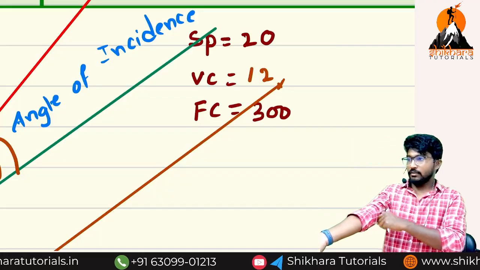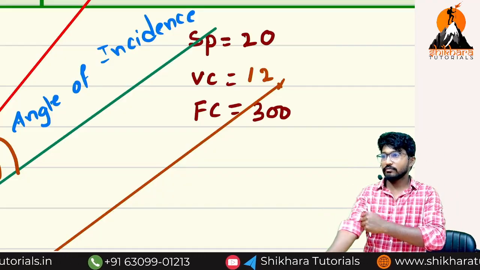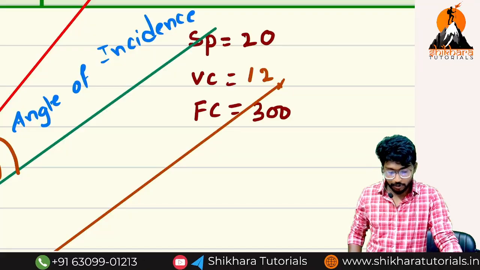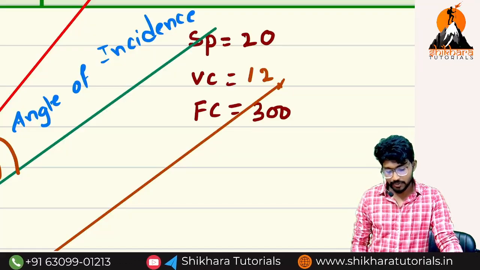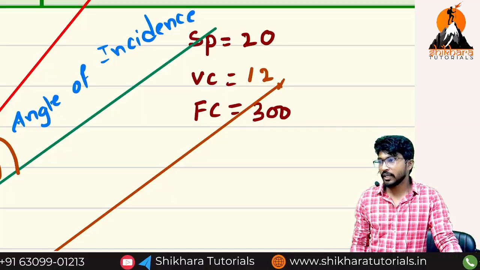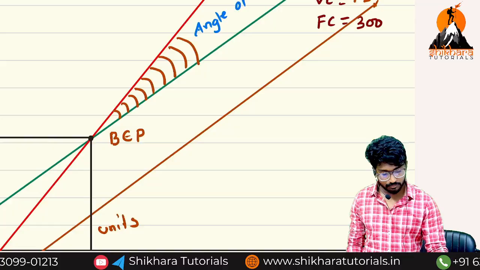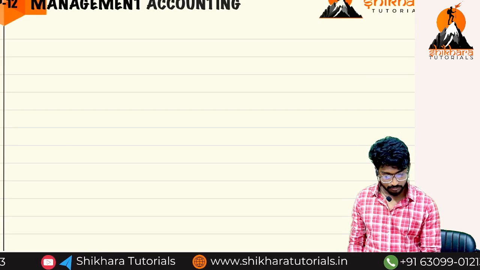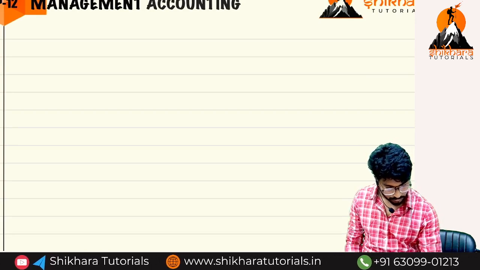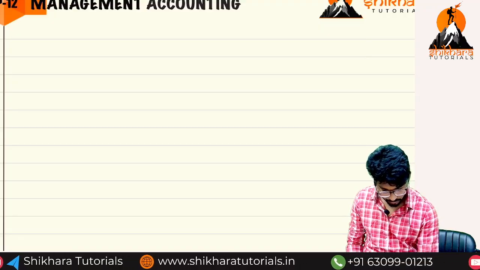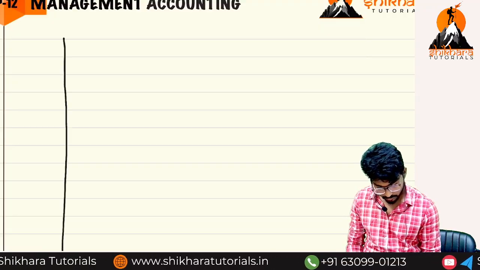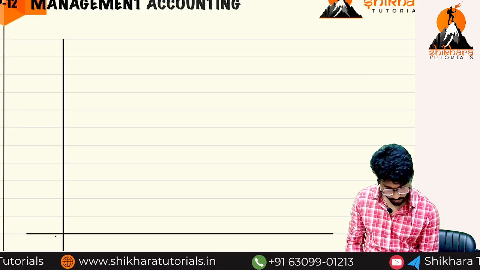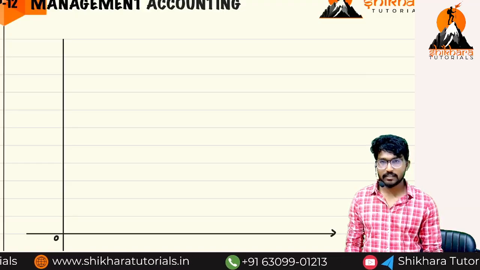Now I will explain this break-even point with a graphical presentation. What is the selling price? 20 rupees. What is the variable cost? 12 rupees. What is the fixed cost? 300. This is which axis, X or Y axis?